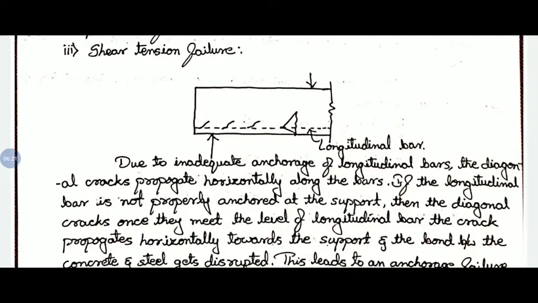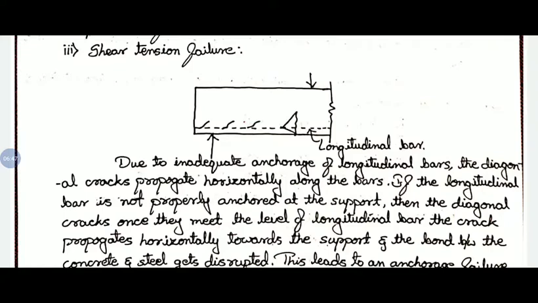So if we do not provide sufficient anchorage for the longitudinal bars, the cracks will develop from the bottom of the concrete and reach the longitudinal reinforcement that we have provided in the section. And once it reaches, it will propagate horizontally towards the support.